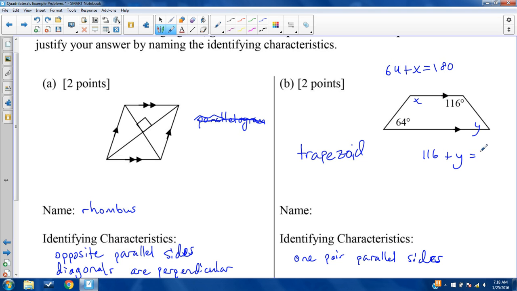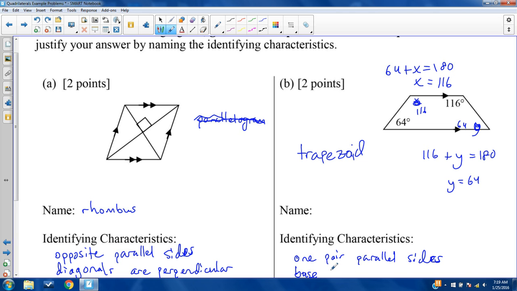Because that would mean it's an isosceles trapezoid, because in an isosceles trapezoid, base angles are congruent, which are the ones that are on the bases themselves. So yes, x is 116 and y is 64. Because base angles are congruent here and here, this is an isosceles trapezoid.